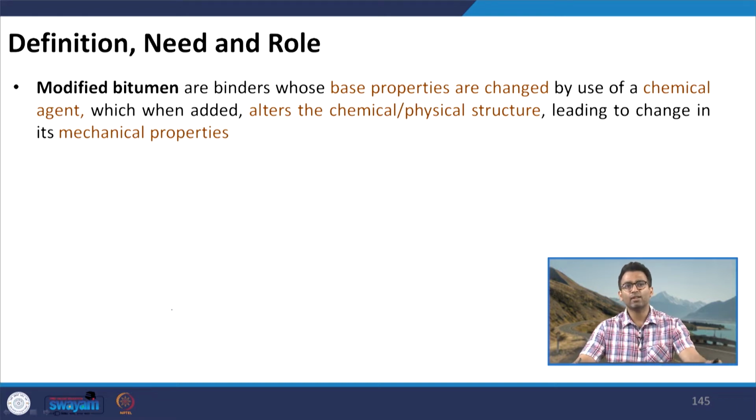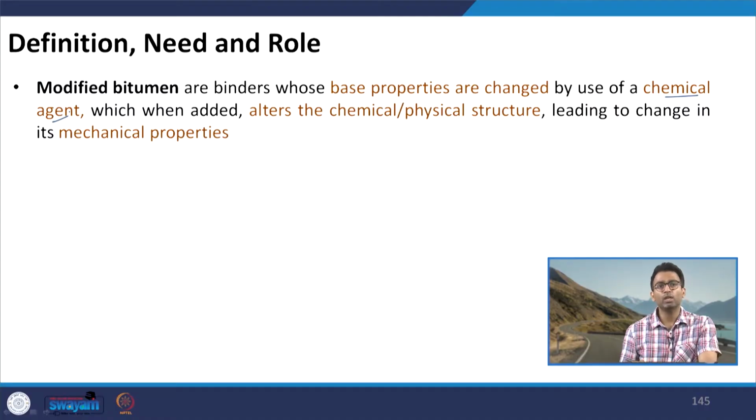So, this definition tells us that the modification process involves incorporation of some form of chemical agent into the base bitumen, the unmodified or conventional bitumen.